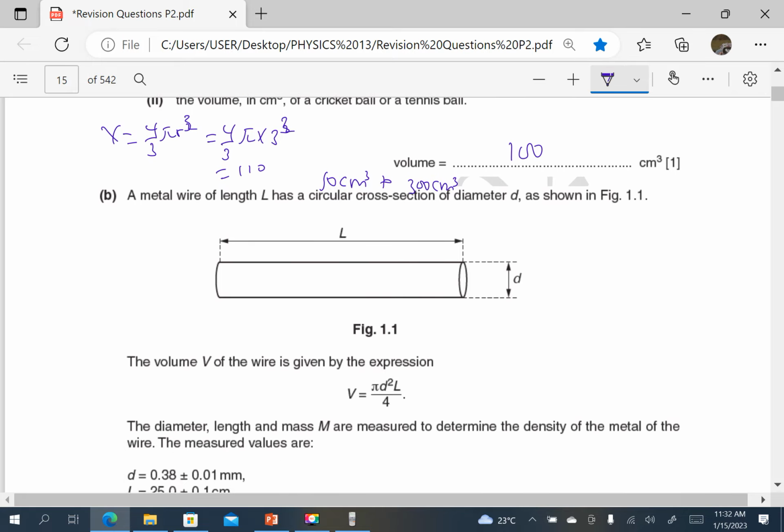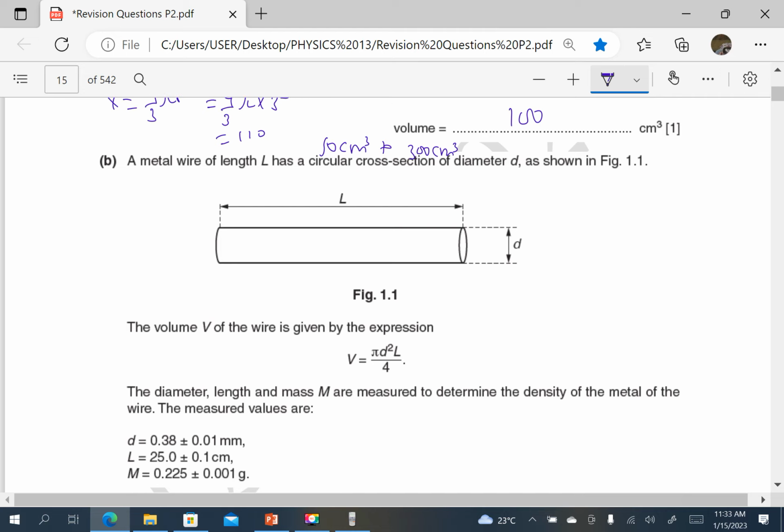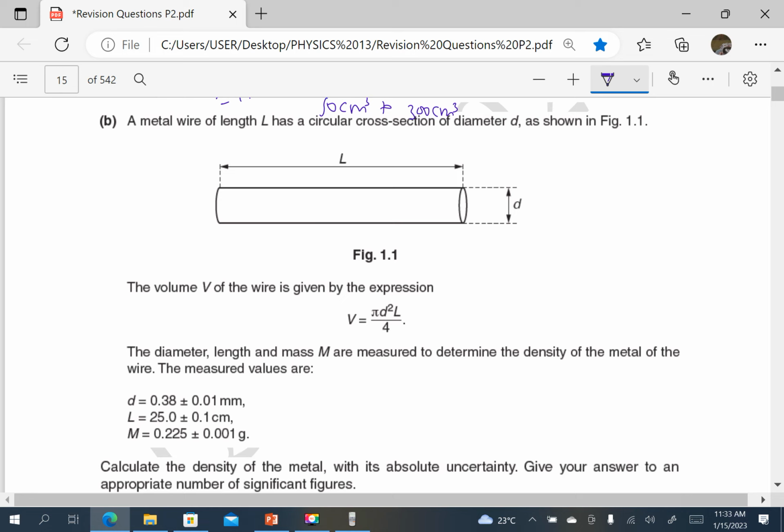A metal wire of length L has a circular cross-section of diameter D. As shown in the figure, the volume V of the wire is given by that expression. The diameter and mass M are measured to determine the density of the metal of the wire.